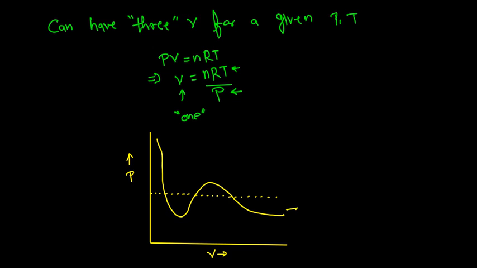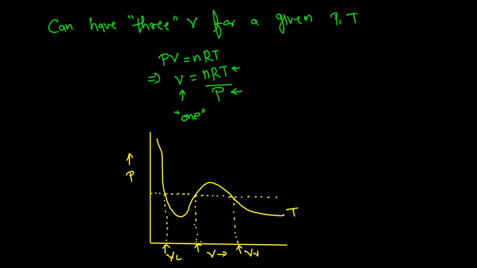This curve is an isotherm, so it is at a given temperature, and I get one value of V here, another value of V here, and a third value of V here. This one is the volume of the liquid phase. This one is the volume of the vapor phase. The question remained: what is this? Does this exist?